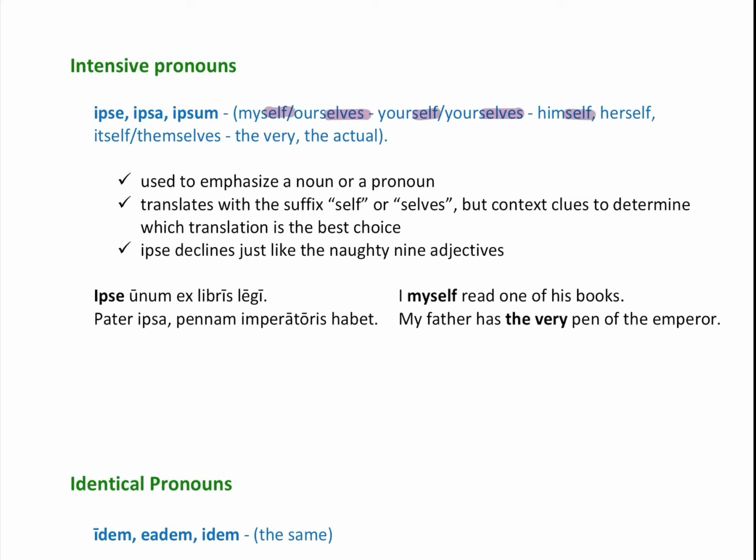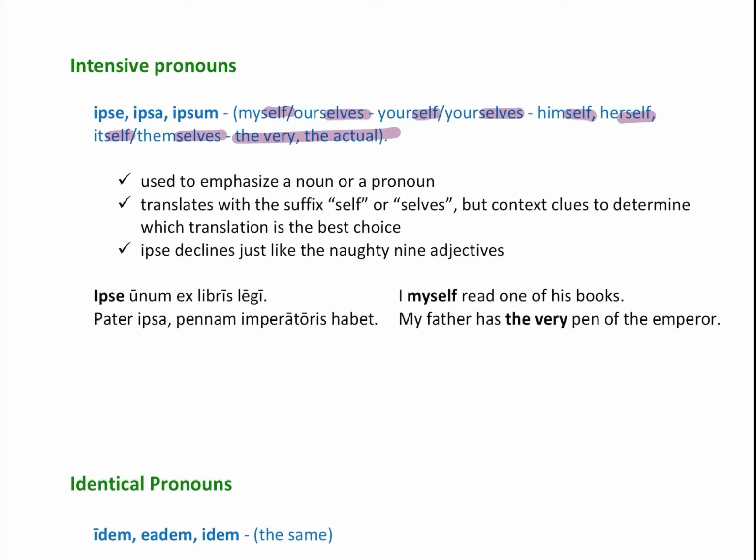Self, selves, or it can mean the very or the actual. So it translates with the suffix self or selves, but context clues determine which translation is the best choice, whether you're going to choose the very, the actual, or one of the selves. And ipse declines just like the naughty 9 adjectives. So if you can remember how those decline, you can get this.